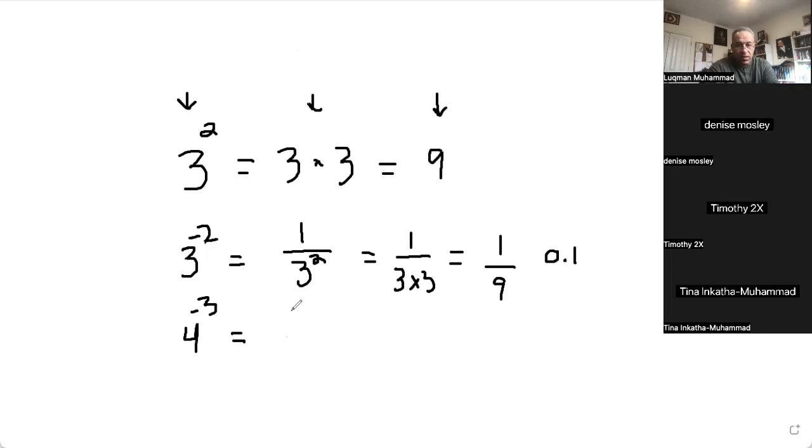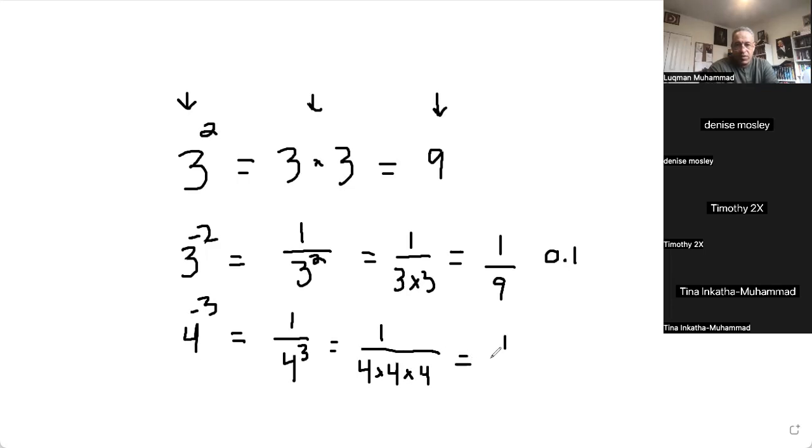This would be 1/4 to the 3rd, right? Which is equal to 1 over 4 times 4 times 4, correct?